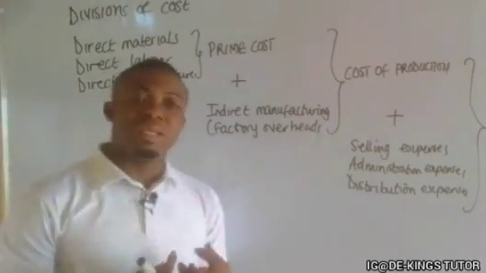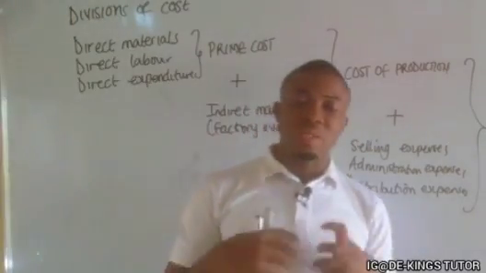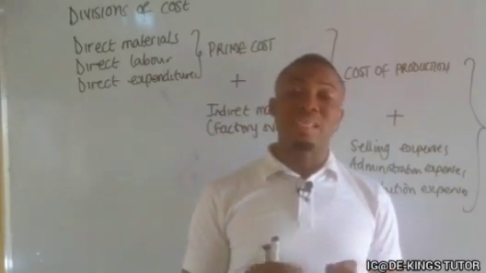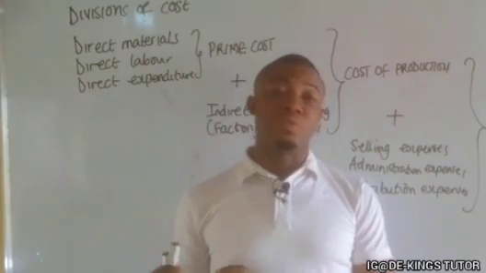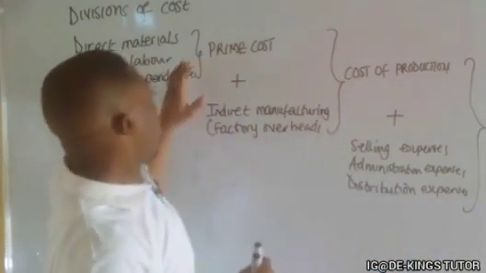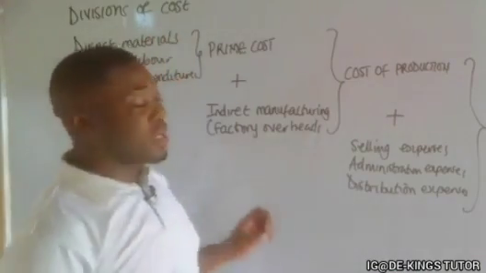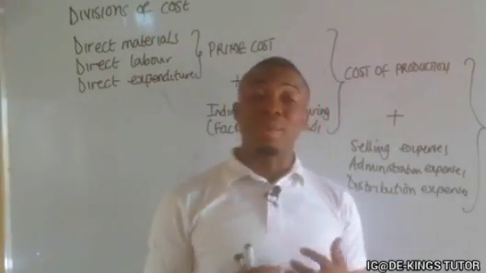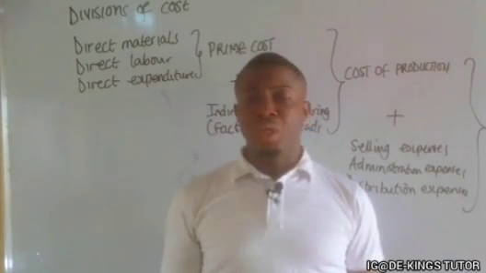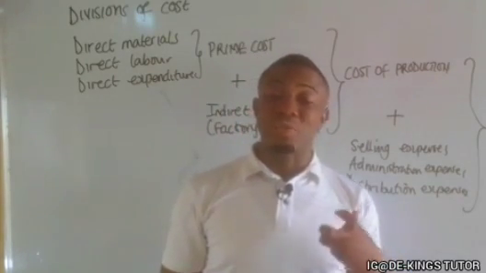Now, what are direct materials? The direct materials are the amount that is spent in getting raw materials that are used in the production of goods. Direct materials, or all direct expenditure here, relate to those expenditures that can be traceable to a particular production unit. You can actually trace them.